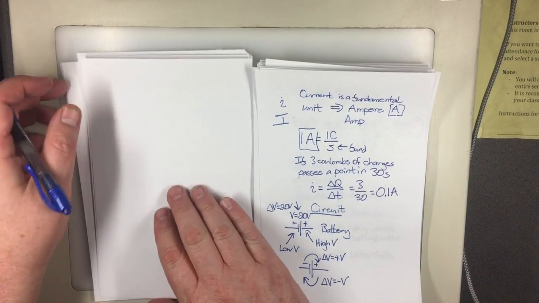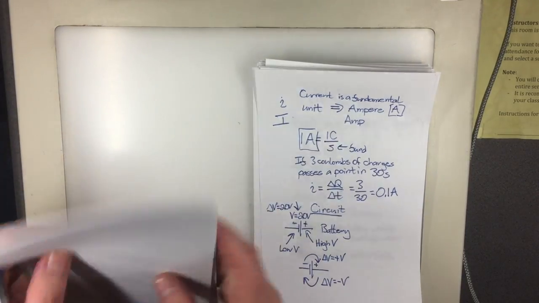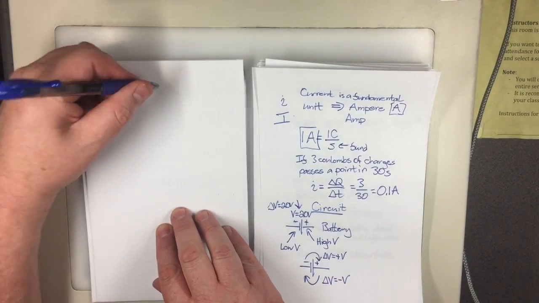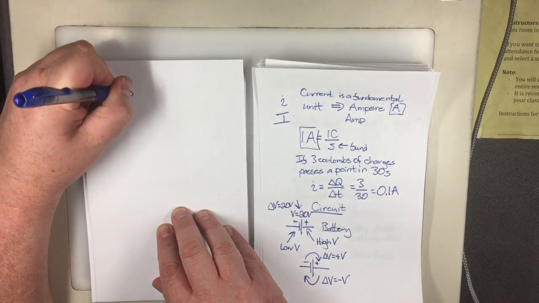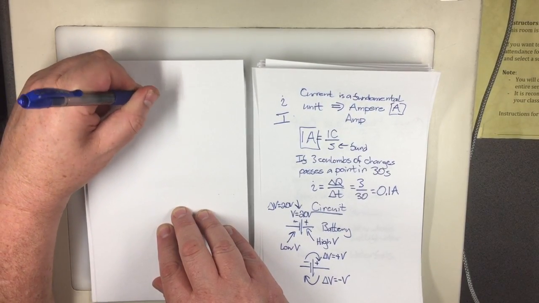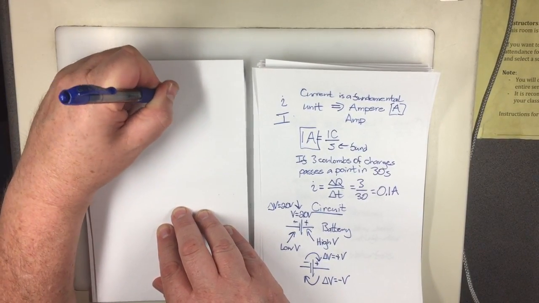Also in a circuit, you have what is called a ground. It's the reference point.